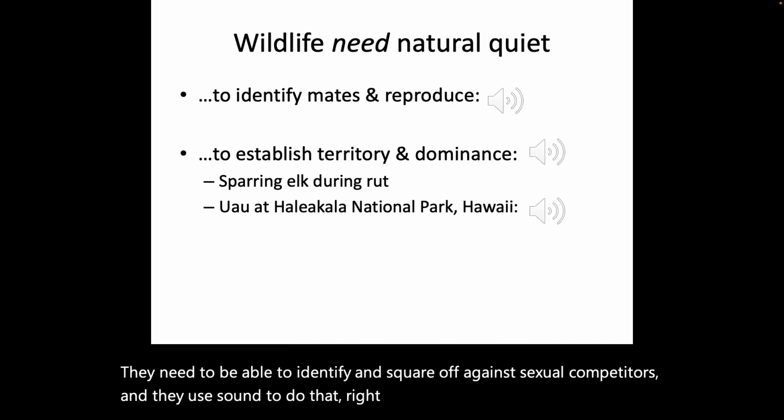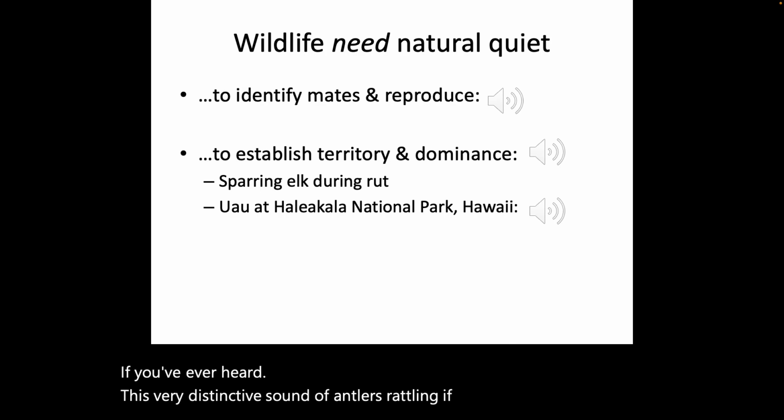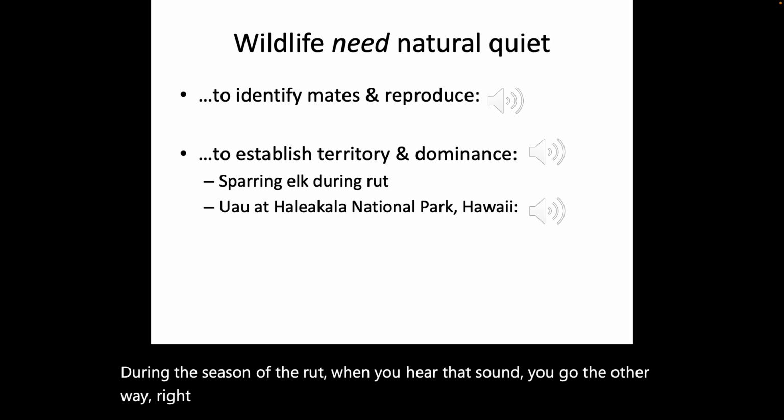If you've ever heard this very distinctive sound of antlers rattling, if you're backpacking alone or in a small group in elk habitat during the season of the rut, when you hear that sound, you go the other way, right? Because just like human beings, rutting elk are crazy and really pretty violent.